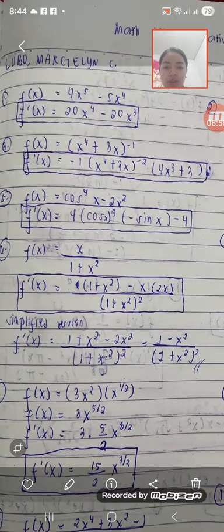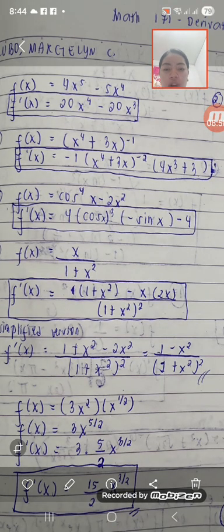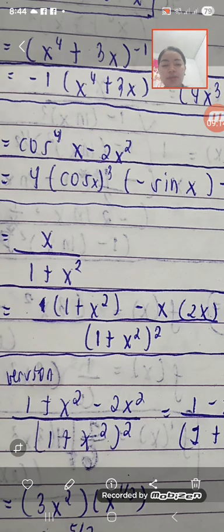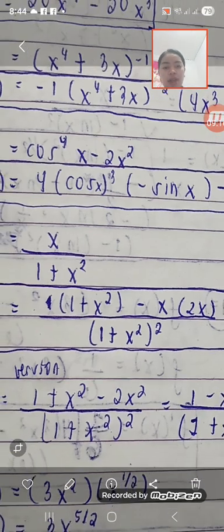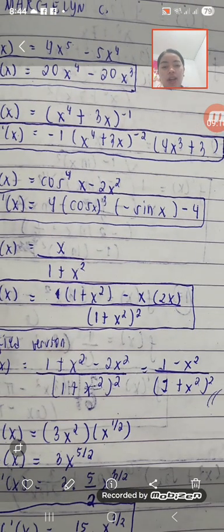Number 5, f of x is equal to cos^4 of (x) minus 2x. So in this item, we just need to bring down the 4. That's why we come up with 4 cos x raised to the power of 3, because 4 minus 1 is 3. And the derivative of cos x is equal to negative sine x.